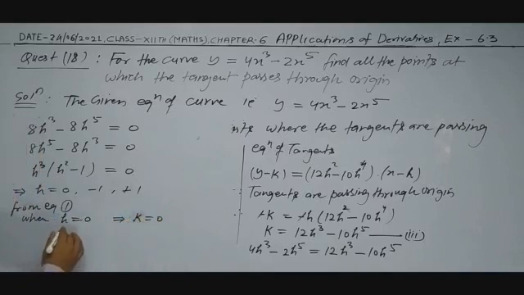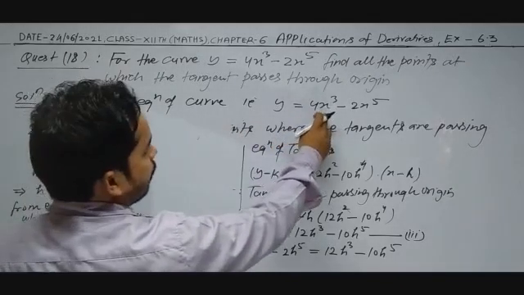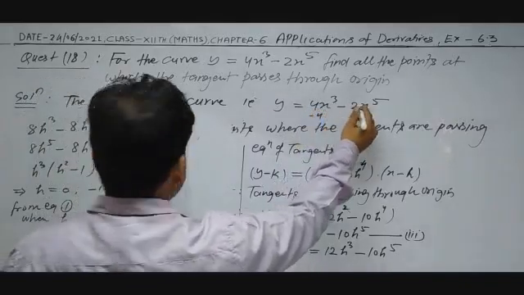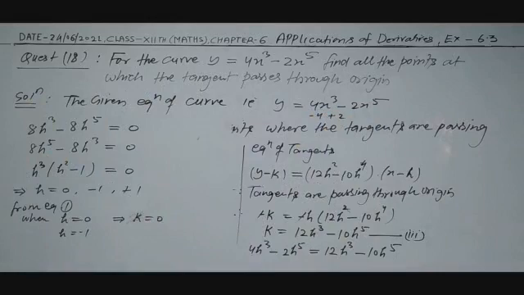When h is equal to minus 1, it means minus 4 minus 2 times minus 1, that is minus 4 plus 2. Result is k is equal to minus 2.